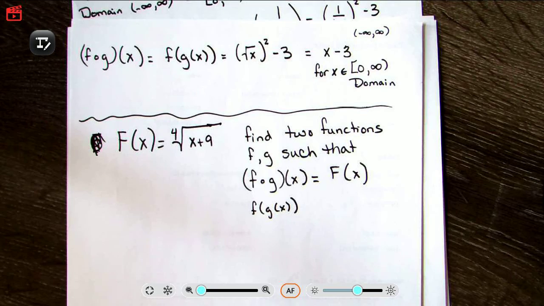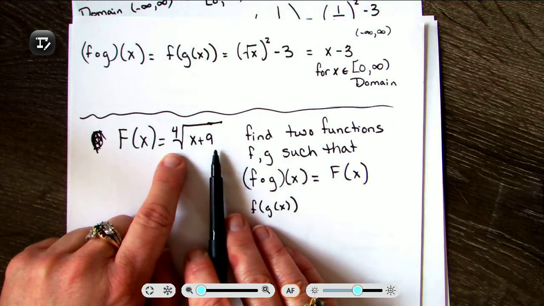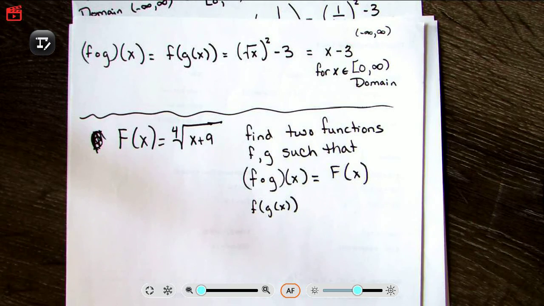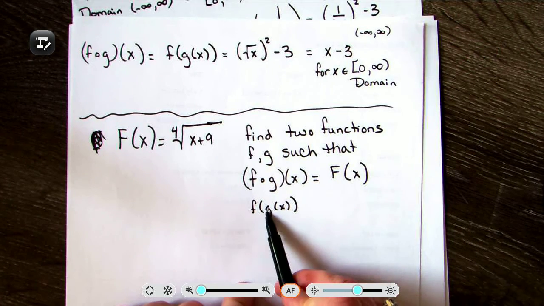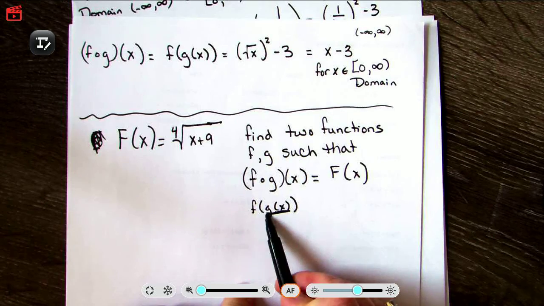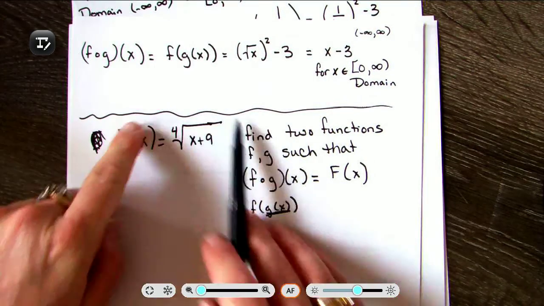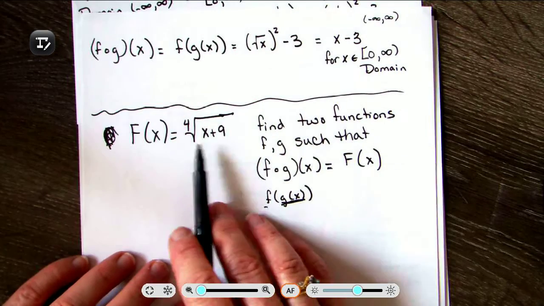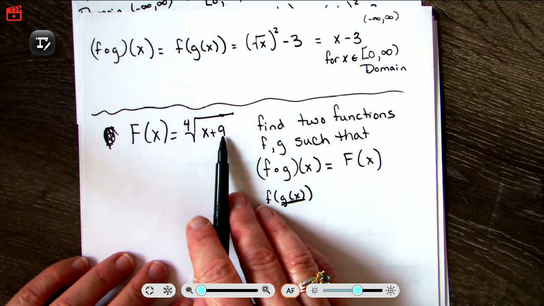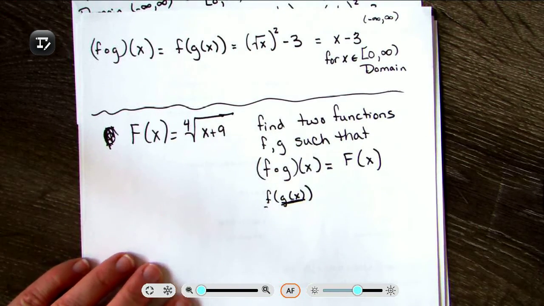So what they want you to look at is this function, and picture, do you see a function inside of another function? If I'm looking at this, I see this x plus 9 inside that 4th root.